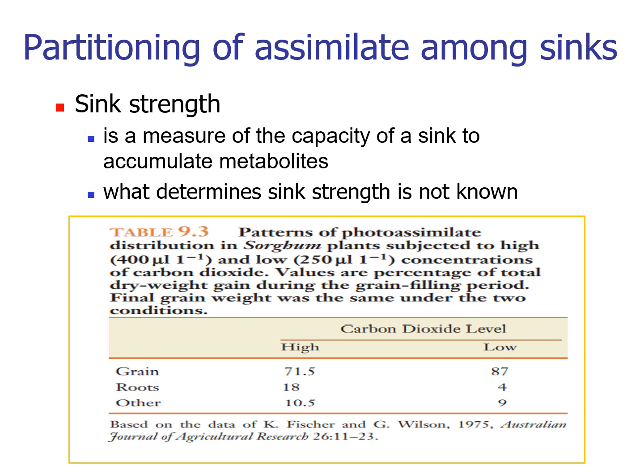In this experiment, the supply of photoassimilates was altered by reducing the supply of carbon dioxide from high to low, and the dry weight increase of various parts was monitored over the grain filling period.